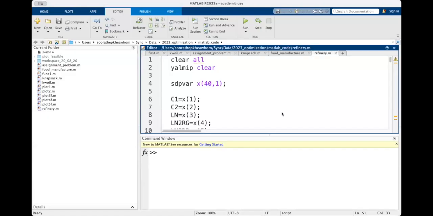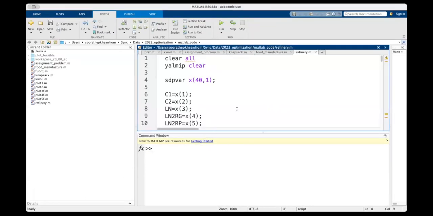Yes. One moment. Let me share my MATLAB. Well, we start the same: clear all, yalmip clear, and we declare x, which is our decision variable.